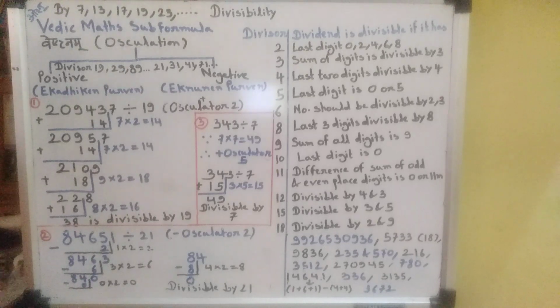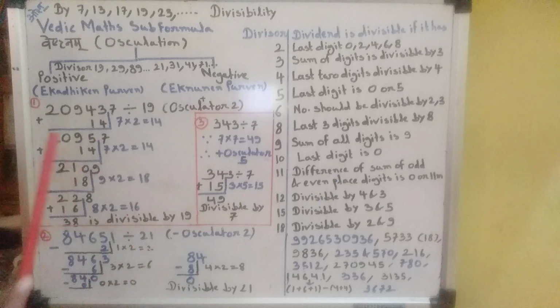We take one example here. If we want to divide 84651 by 21. First of all, we find the osculator. As we know, 21 minus 1 is 20. So the negative osculator is 2 only. We do the osculation process as earlier, but here we found a negative osculator.